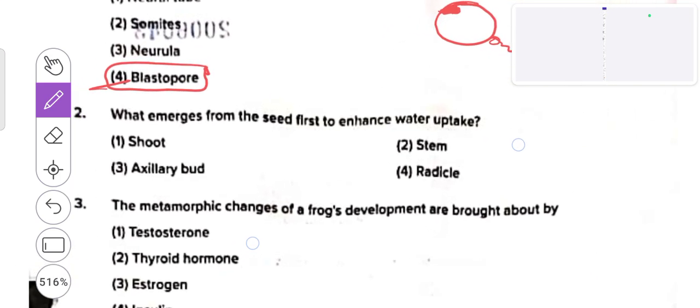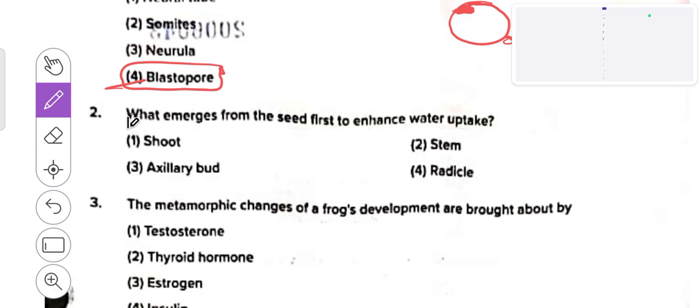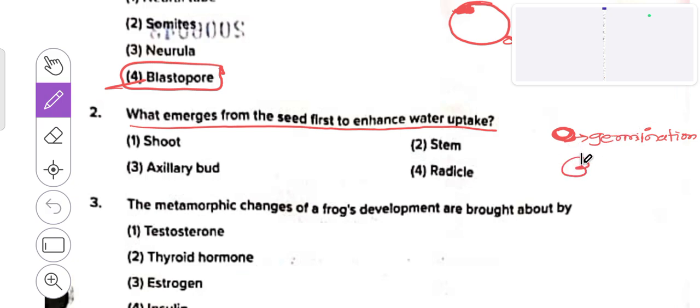Next question. What emerges from the seed first to enhance water uptake? Soon after a seed is sown in soil, it will start germinating. Germination takes place from a particular point called the micropyle, the micropylar part of the seed.